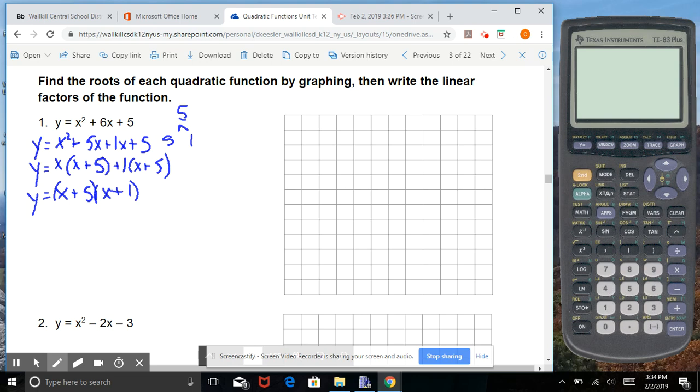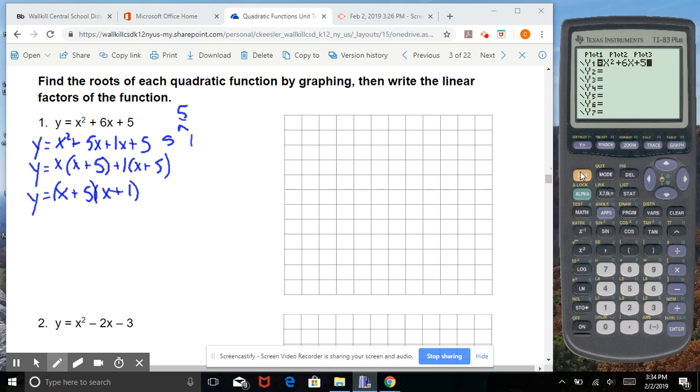So if we go to our graphing calculator and we type in the original equation, y equals, clear anything that you already have in there, and we write in x squared plus 6x plus 5.